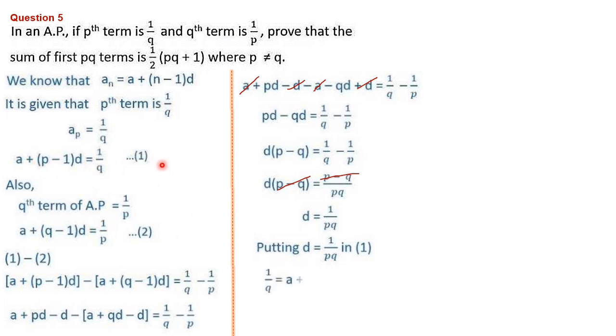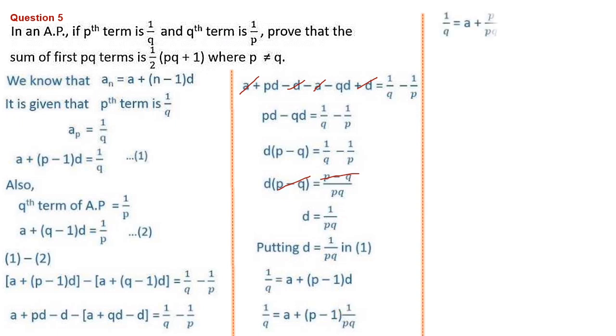Here I am taking 1 by q is equal to a plus p minus 1 into d. That is the equation. So 1 by q is equal to a plus p minus 1 into d, where d is 1 by pq, substituted.